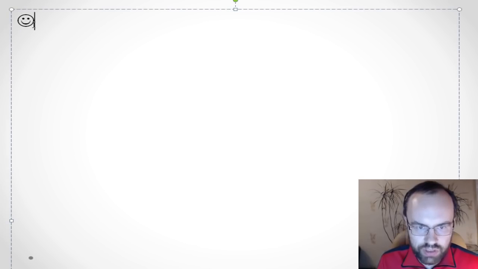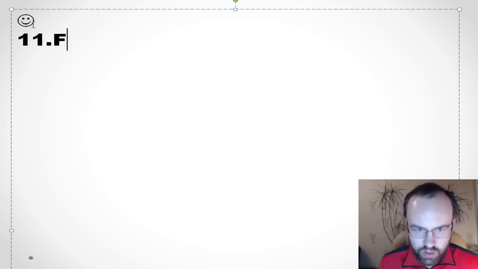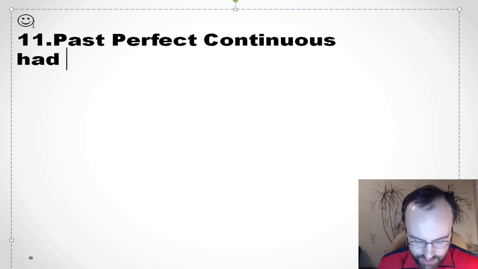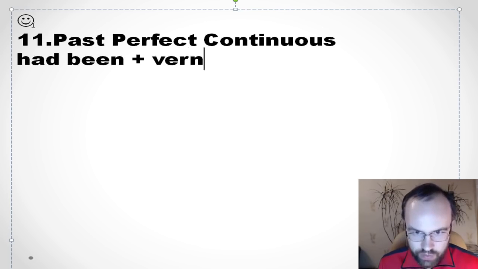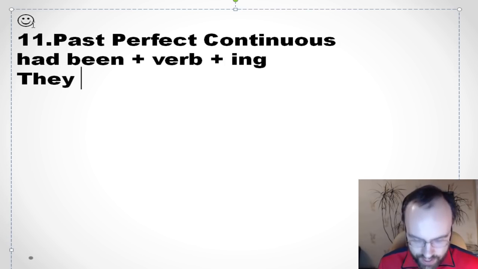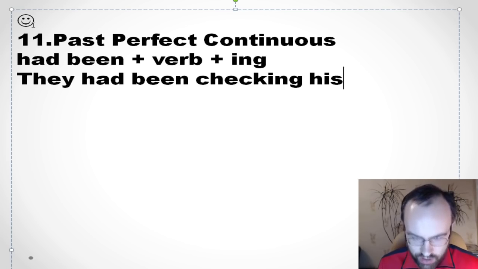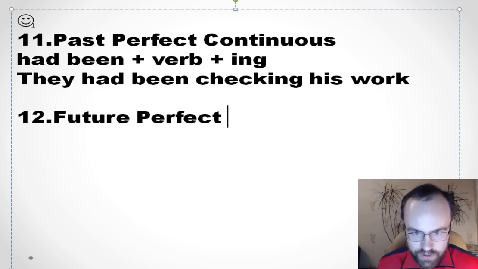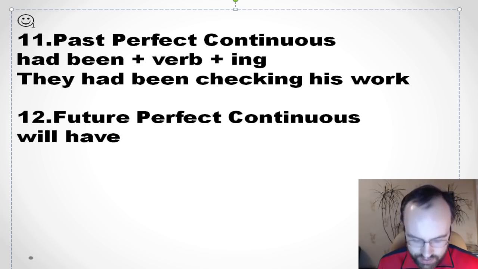Okay, and two more important tenses. We call it past perfect continuous. We form it had been plus verb plus ing. So they had been checking his work. We mostly use it in complex sentences. And future perfect continuous, this tense isn't so common, but anyway, you just need to know this structure.